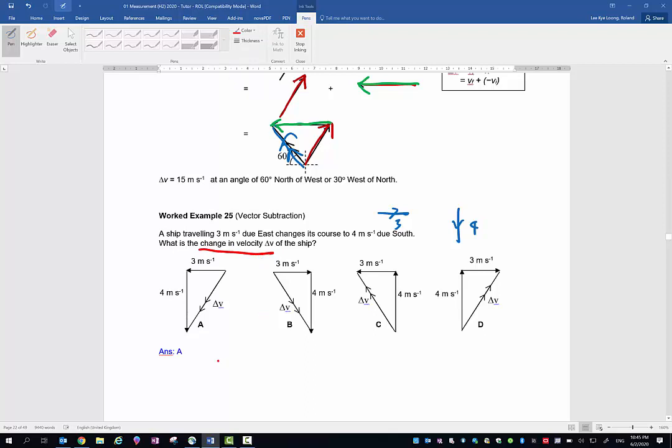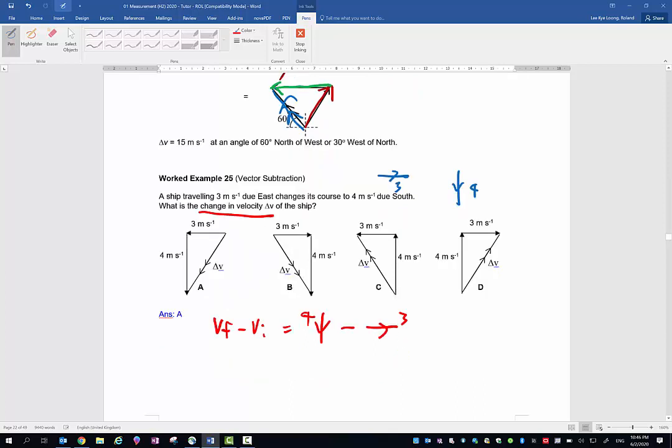So change in velocity equals Vf minus Vi, so 4 minus 3, which equals 4 plus 3 in the opposite direction.